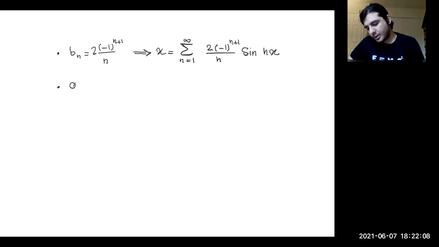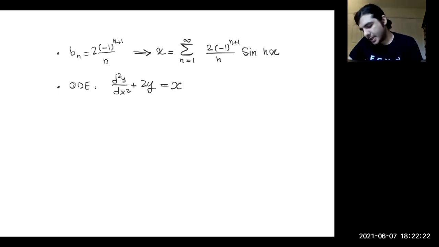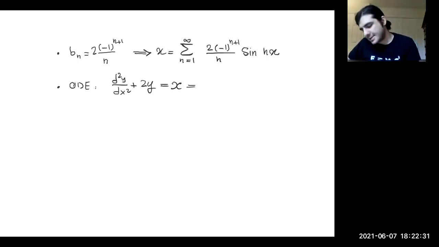Our ODE was this thing, the second derivative of y with respect to x plus 2y was equal to x. That was our equation. Now we know x: if we just restrict this equation to the interval from minus pi to pi, x would be equal to this Fourier series which we have here.